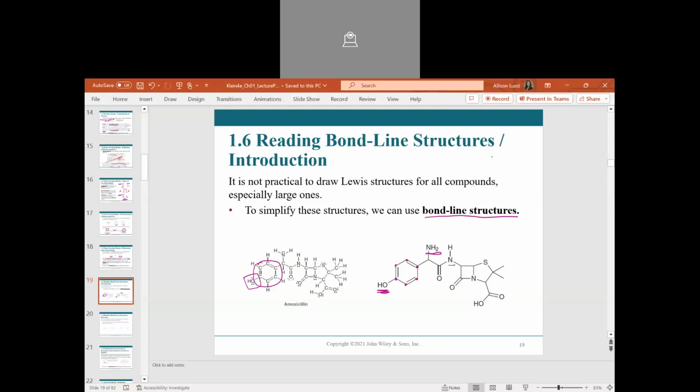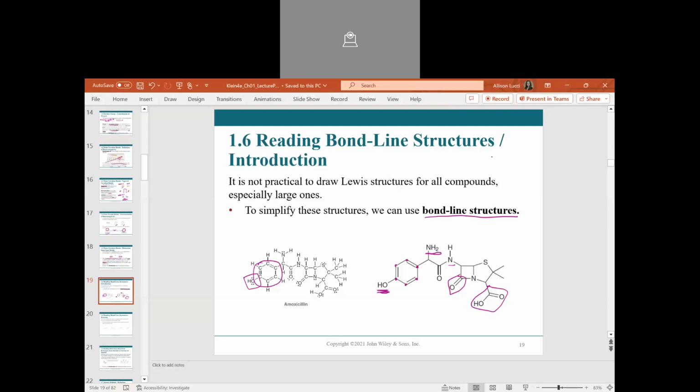Oxygens are shown within carbonyls or lactones. Let's see here, what do we have? Carboxylic acid functional groups. These are just some that are in amoxicillin. We have all these different functional groups and heteroatoms shown, but we don't show hydrogens.